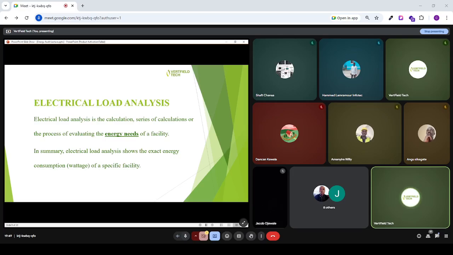Energy need simply tells you the amount of energy that is going to be drawn from the system when it is powered, the amount of energy that your loads are consuming from your system in watts. So in summary, electrical load analysis shows the exact energy consumption, that is wattage, of a specific facility.